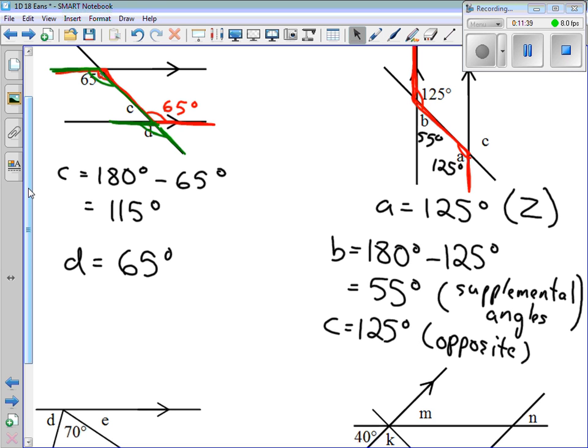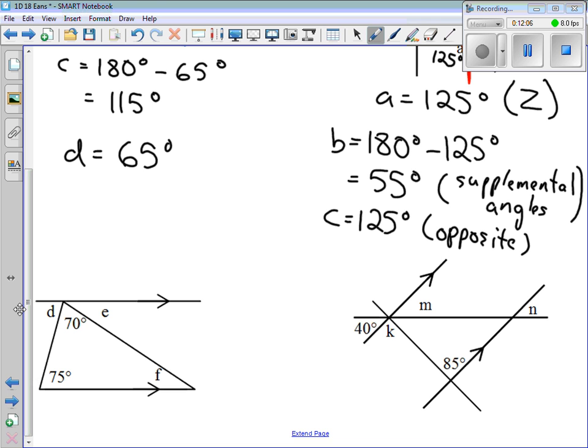And if we put on that this is 125, we could have done C first, because if I look at this and this, we've got a little F pattern there, which suggests that this angle here and this angle here have to be equal, and sure enough, they're both 125 degrees.